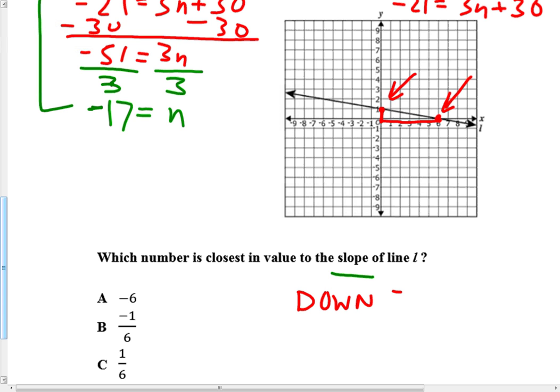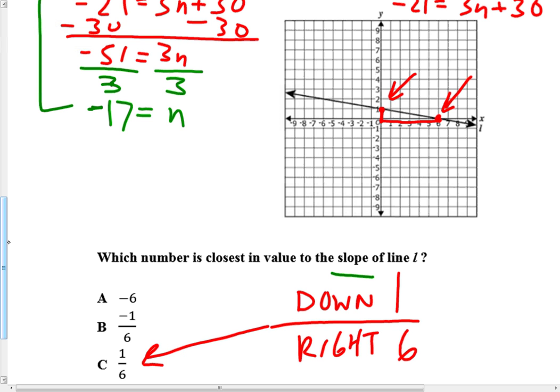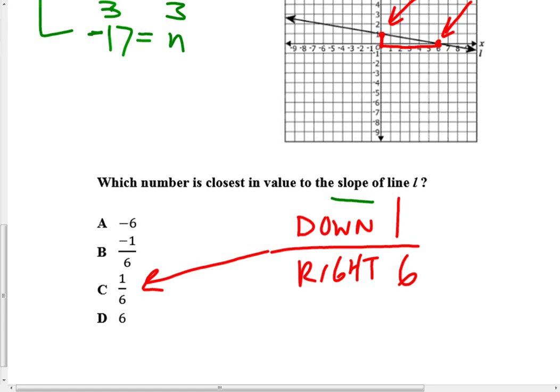Down 1. And to the right, how many? There you go.